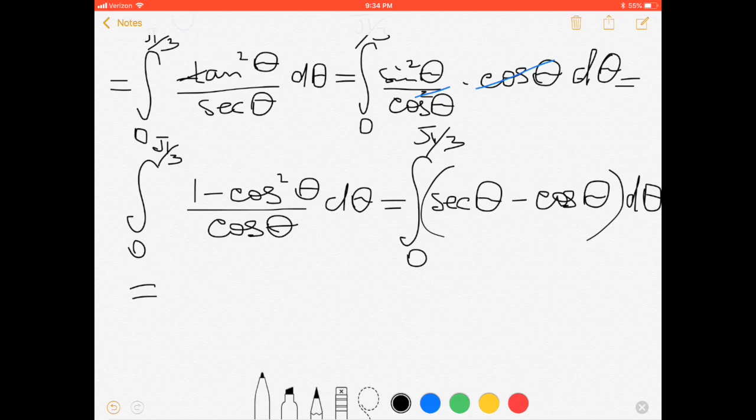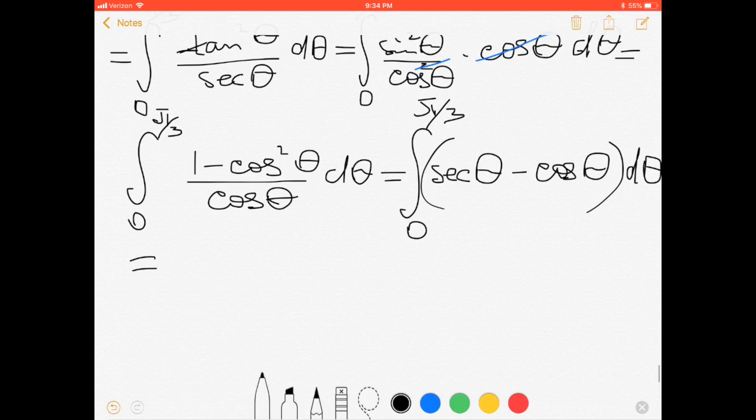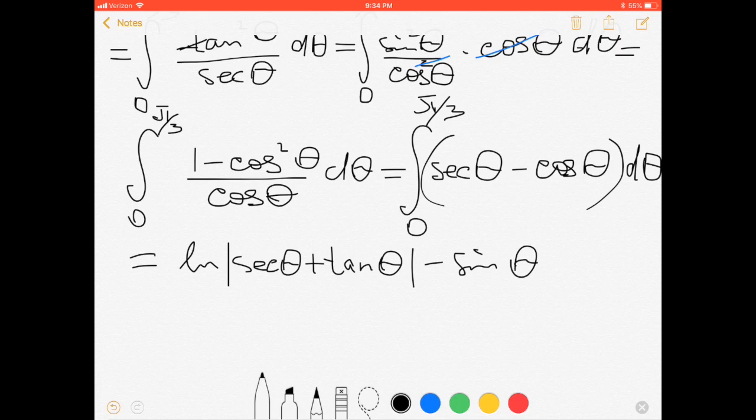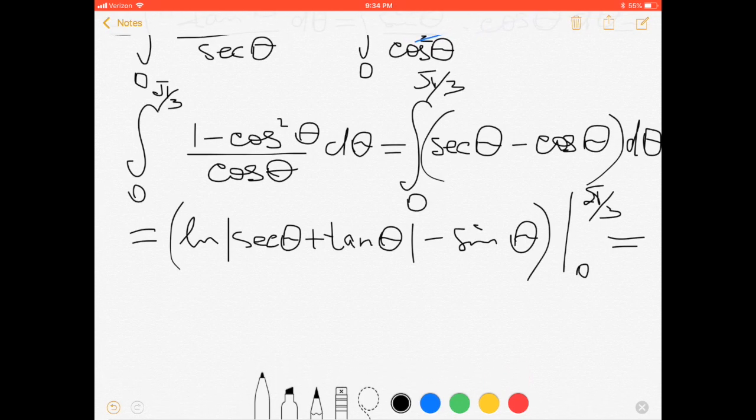Okay, great. What do we have here? We have two table integrals. One gives me natural log of secant theta plus tangent theta. The second one gives me minus sine theta. Okay, and now I need to plug in 0 to pi over 3. We need only counting.